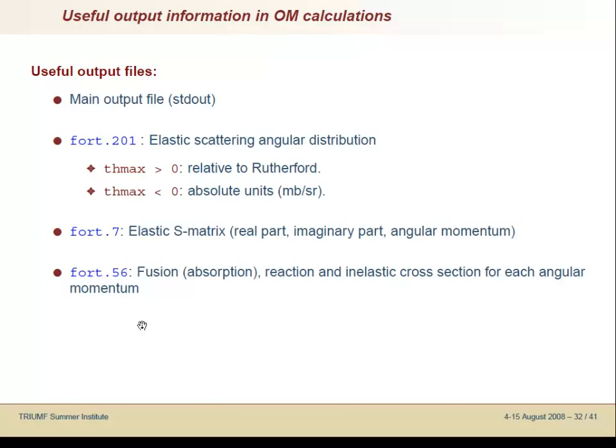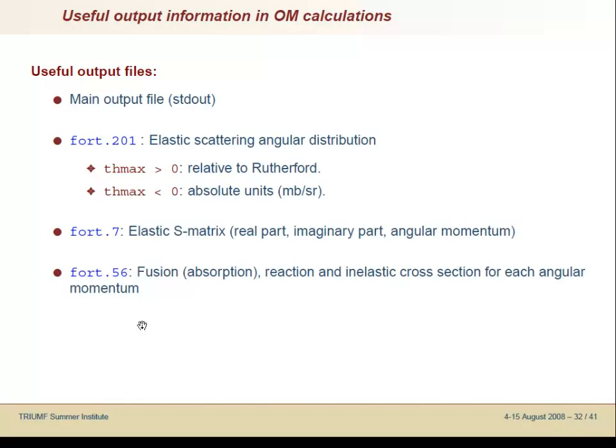So if we are doing an optical model calculation, our P space is just the elastic channel, so everything else will be contained in some way implicitly in our optical potential. It will come from the imaginary part of this optical potential.